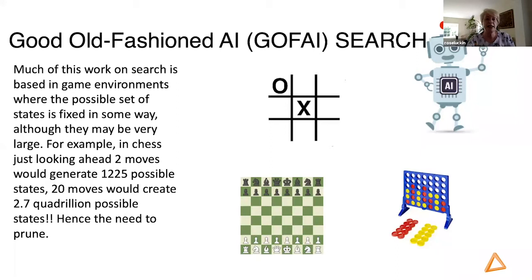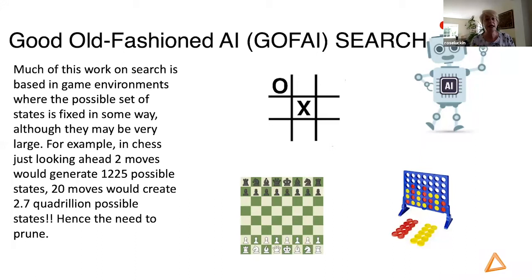And some of the early techniques were those that used search techniques, whereby you would take an environment, in this case, perhaps a game of noughts and crosses, and you would work out all the possible moves that could be made into what was called a state space, a space of all the possible states for that game.